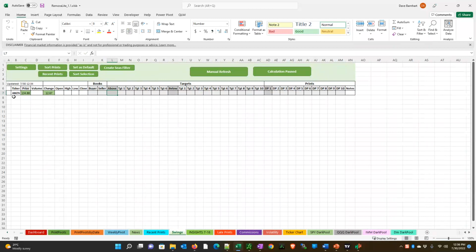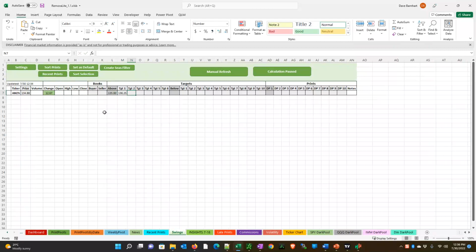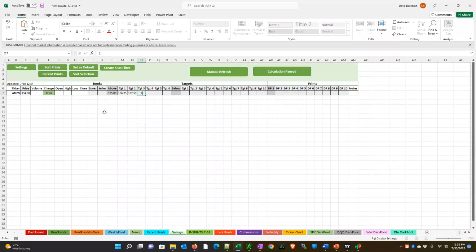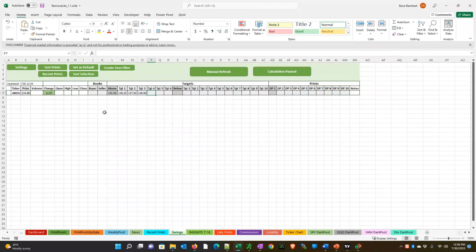So if we were trading Amazon here, and it was 134.88, these are our trading plans for each stock. If we break above 135, we could do 137.50, 140, right?